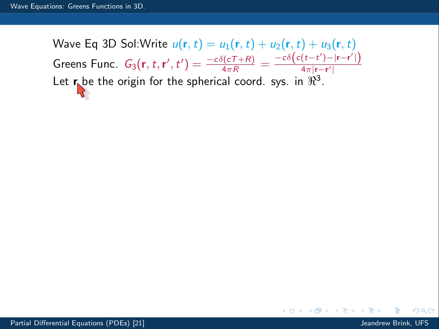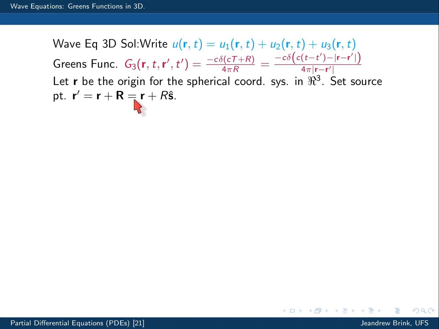We did this in the 2-dimensional case, and we'll be doing it again here. If we do that, the source point is simply r prime equals r plus this vector, which is basically the vector from our origin to the source point.